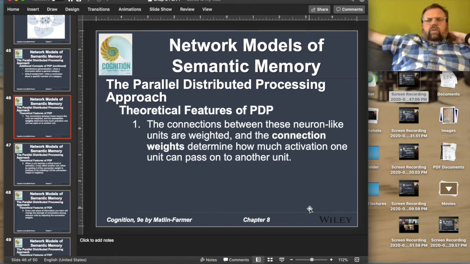Just a few features to discuss regarding the PDP model to finish up here. So first, the connections between the neuron-like units are weighted, and the connection weights determine how much activation one unit can pass on to another unit. By weighted, we mean that, well, one way to think about activation is a unit can be activated at a level of, say, 1 to 10.